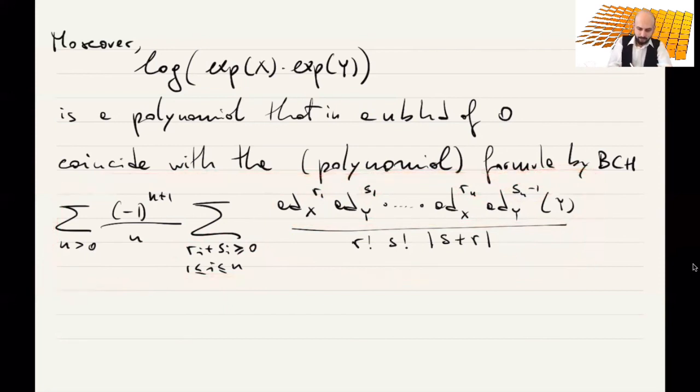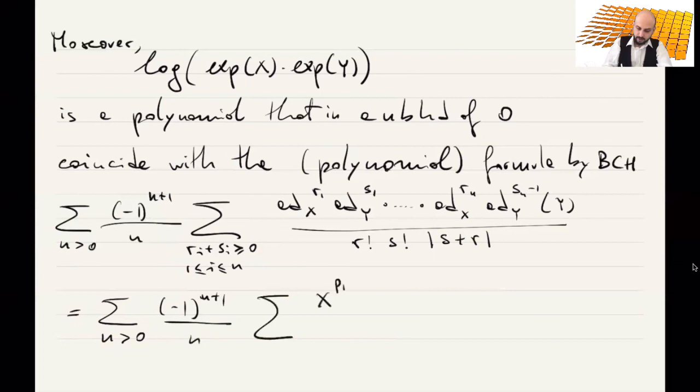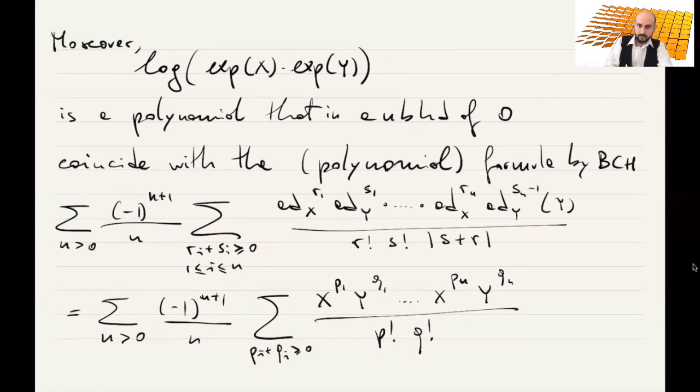Let's remember maybe the other way of writing it for linear groups. The formula was this one, n plus 1 divided by n, and then there were just the products of the matrices, x to the p_1, y to the q_1, and so on, x to the p_n, y to the q_n, divided by p factorial and q factorial. Again, the indices p_i plus q_i are greater than 0.